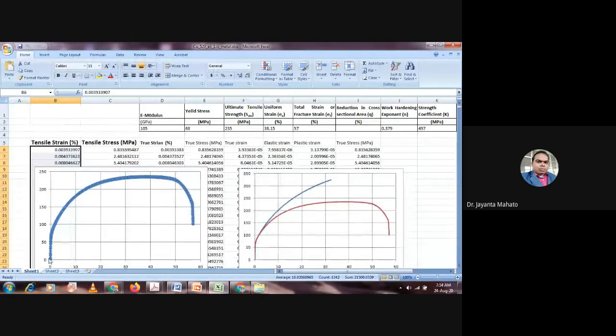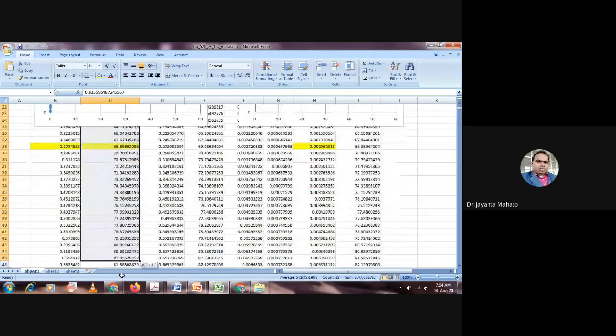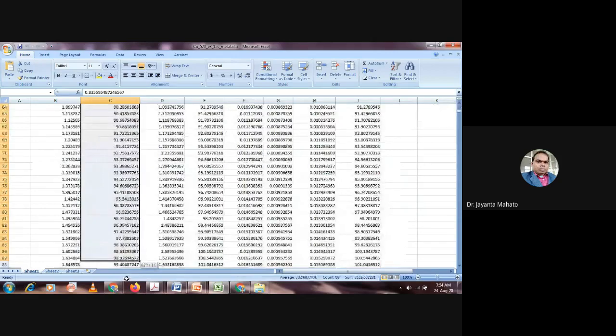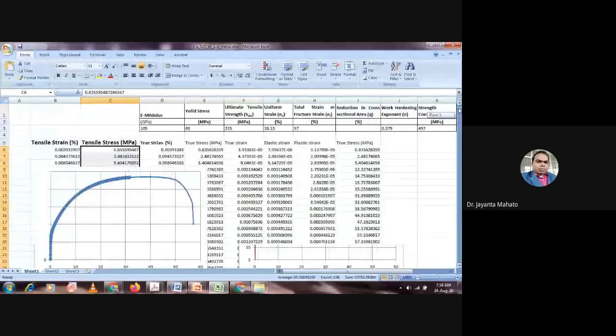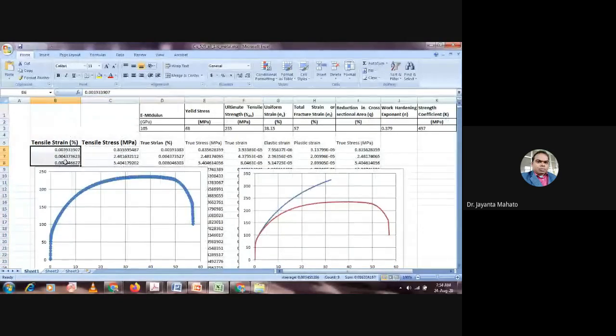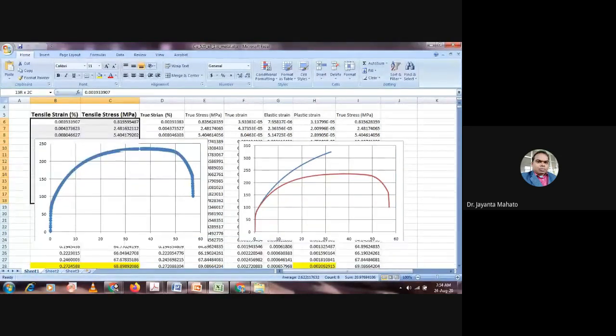And by increasing this value, this strain value will increase. This is the response. This stress is required to increase this amount of strain. And by plotting these two values, we will get the stress strain curve like this.